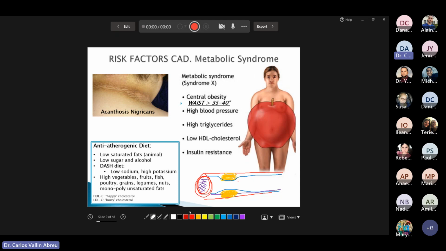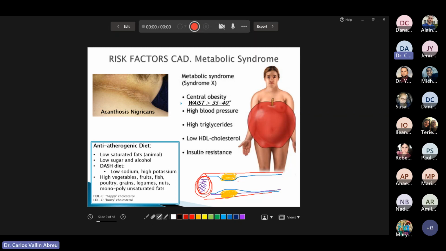And when you do the fasting blood sugar, it is okay. But if you administer a dose of glucose orally and then check the blood sugar 2 hours later, it will be elevated. They have glucose intolerance, a pre-diabetes condition.